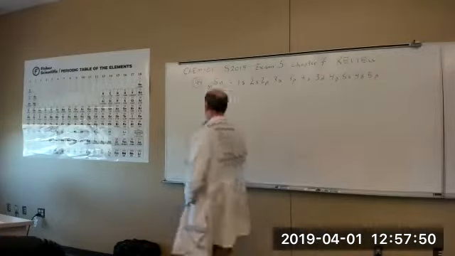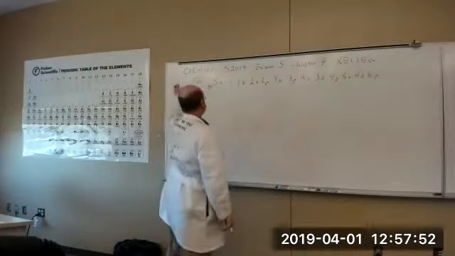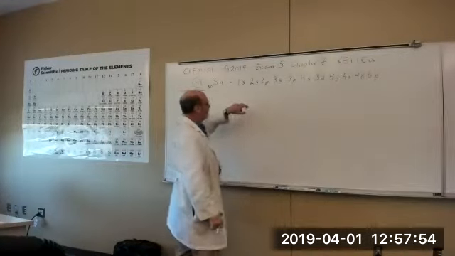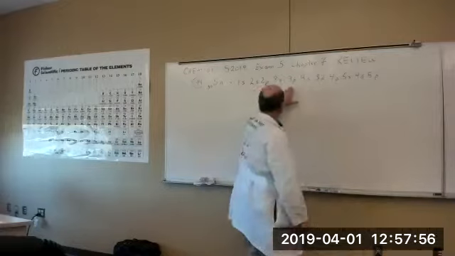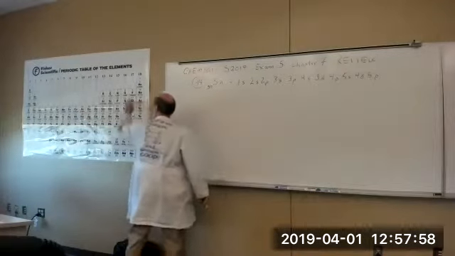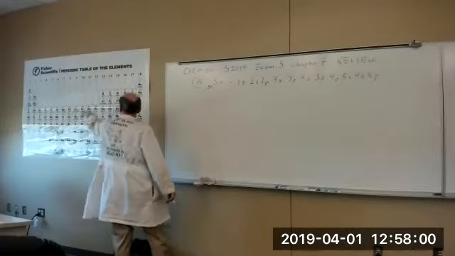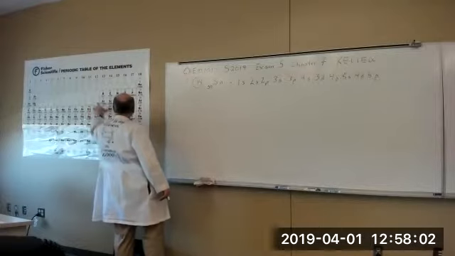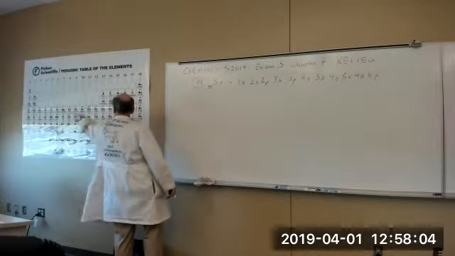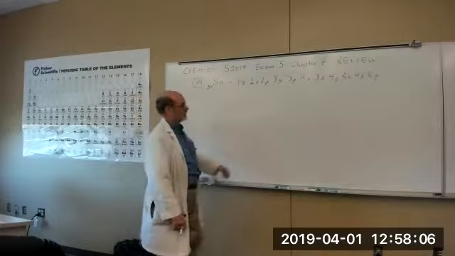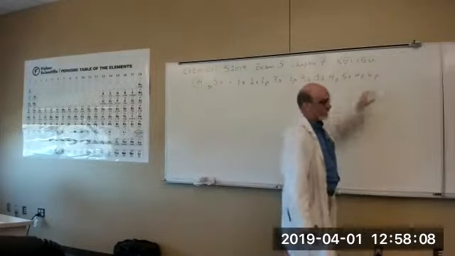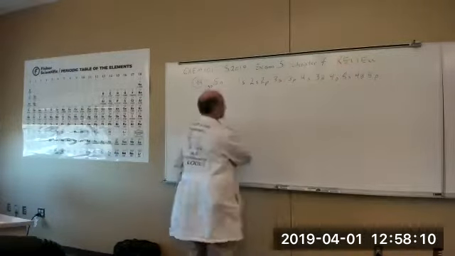We may not need all of those. But notice how I found those. I went to 3p, and then after 3p, I had to go back to 4s before I get to 3d, and then 4p, and I went to 5s, 4d. That's why I did it in that order. This is in order of energy.